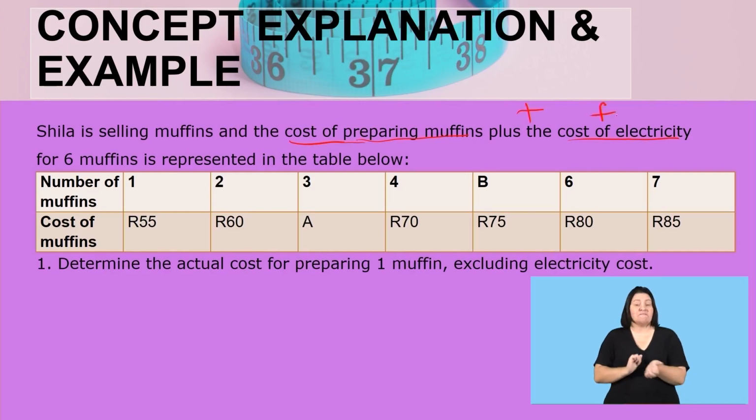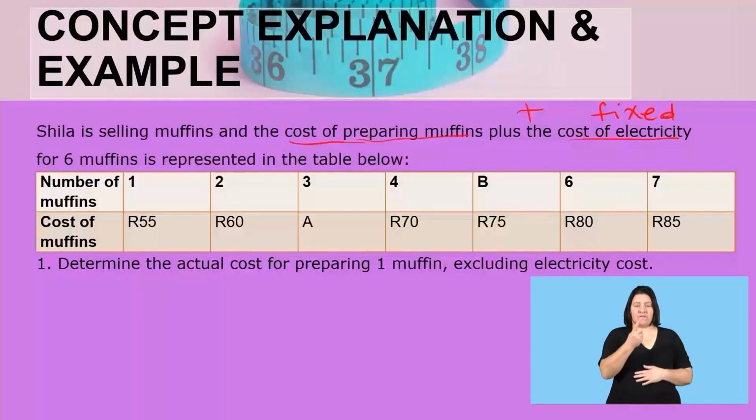So the fixed cost in this case is the electricity cost. It is indicated that it is represented on the table, but it is not clear which value that is. We need to calculate it. I will take you through the journey of calculating it so that you are able to see it in every table that is presented to you.